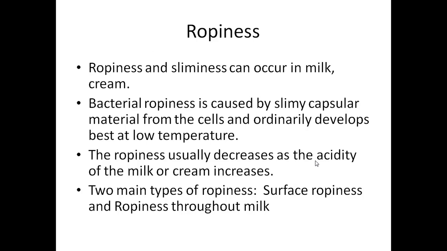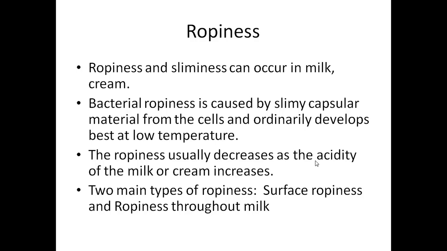So next is the ropiness. Ropiness or sliminess can occur in the milk, cream. Bacterial ropiness is caused by slimy capsular materials from the cells and ordinarily develops best at low temperature. The ropiness usually decreases as the acidity of the milk or the cream increases.